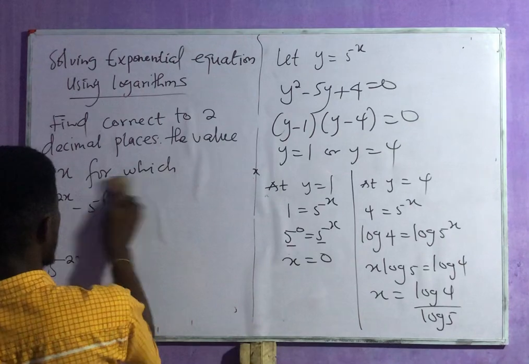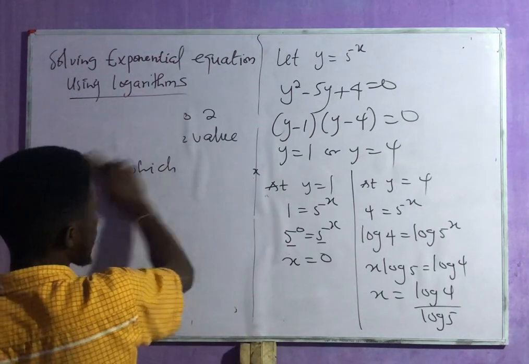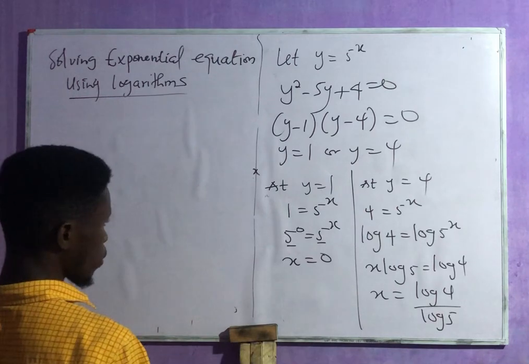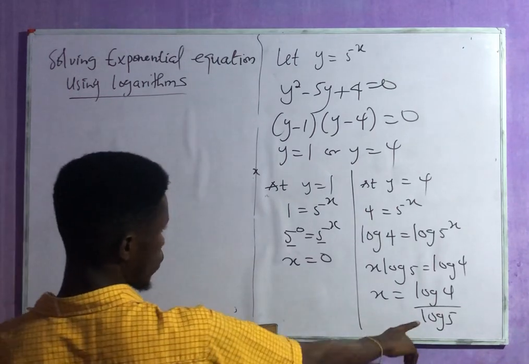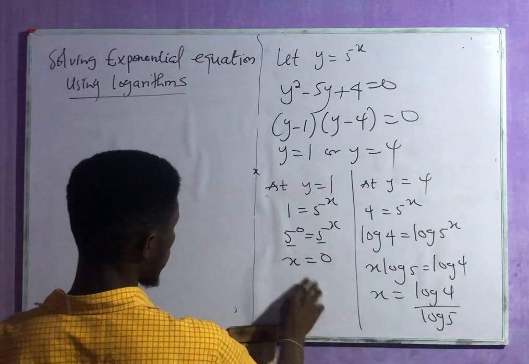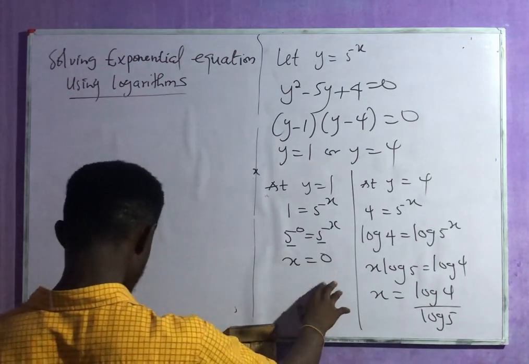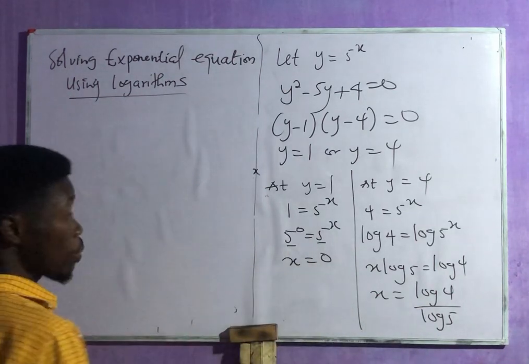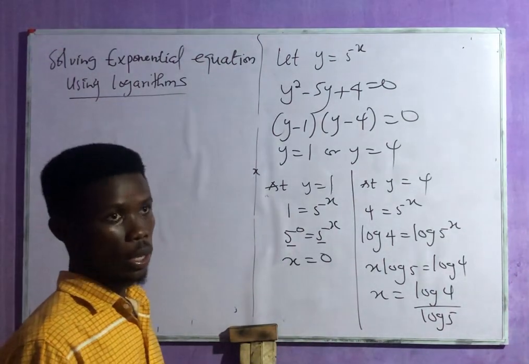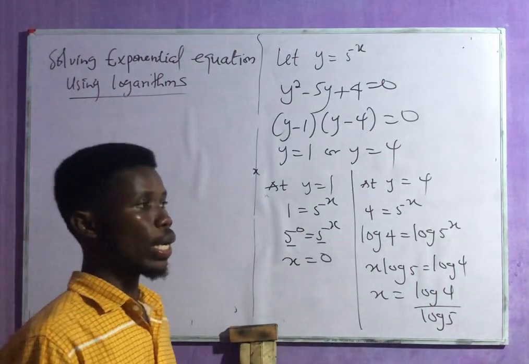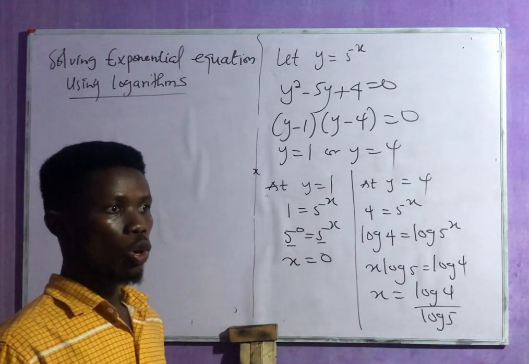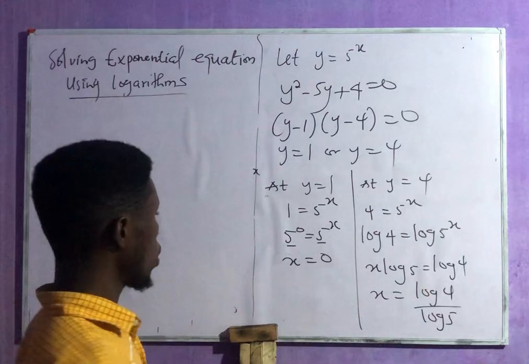But the question said you should leave our answer in 2 decimal places. So for 2 decimal places, you have to convert this one to decimal. Already, this x equals 0 will be rejected. Why? Because we don't have logs of 0, just like negative logs. When we're dealing with the logarithm, I told you that the argument of it should always be greater than 0.